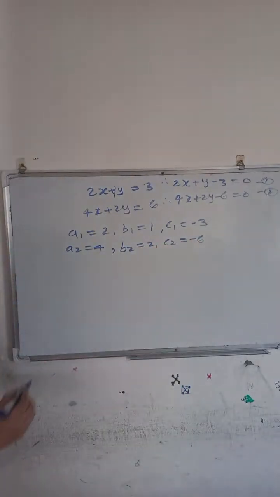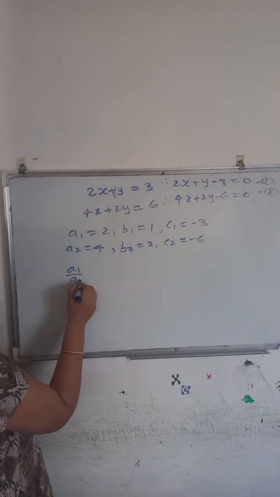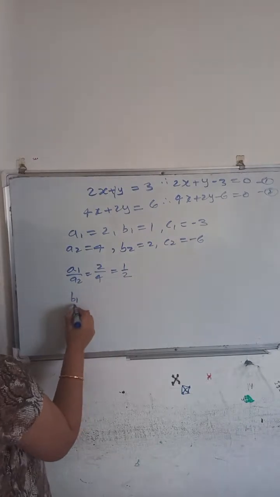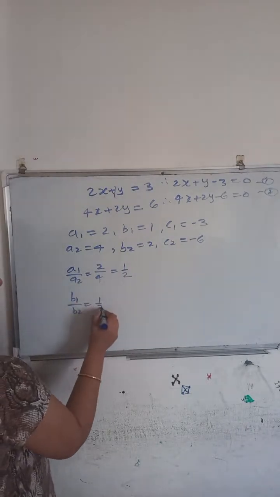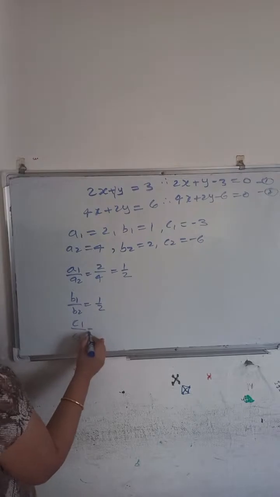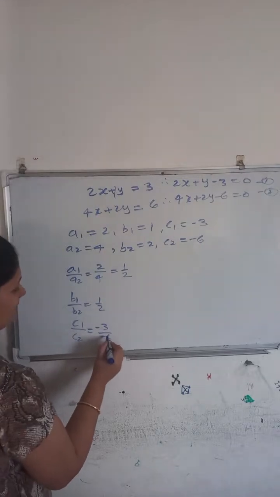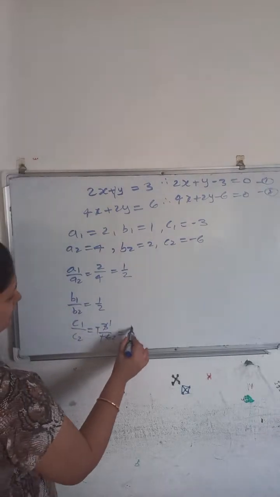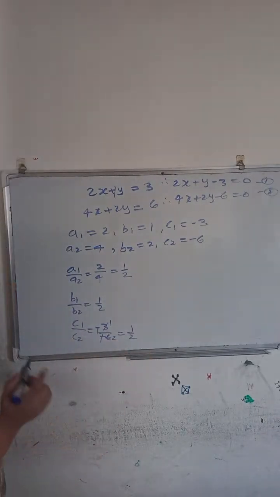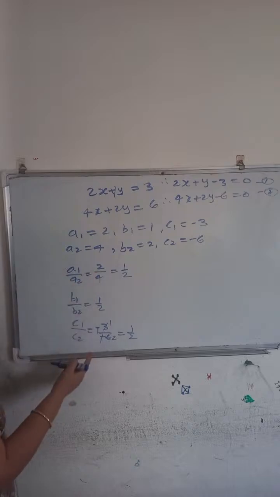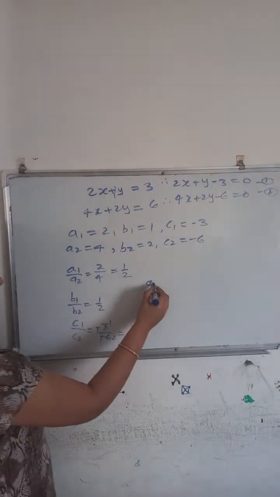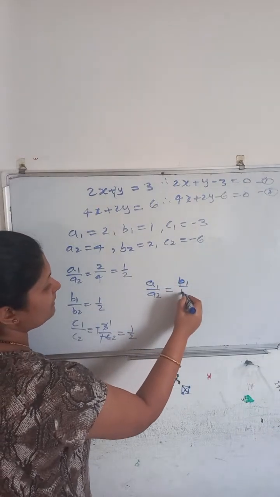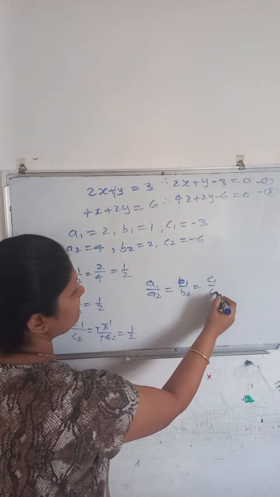Getting this? So now take the ratio a1 by a2, that is 2 by 4, that is equal to 1 by 2. b1 by b2 is equal to 1 by 2, and c1 by c2 I am getting minus 3 by minus 6. Minus minus get cancelled. 3 ones are 3, 3 twos are 6. So 1 by 2. Now you can check each ratio is equal to 1 by 2. That means a1 by a2 is equal to b1 by b2 is equal to c1 by c2.